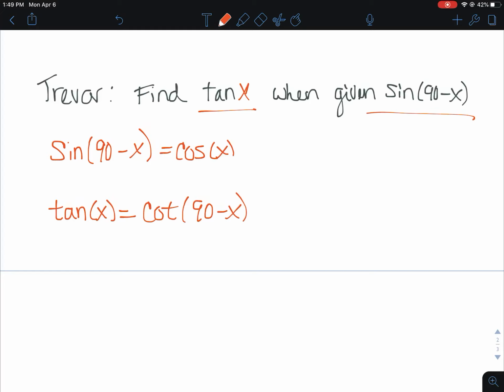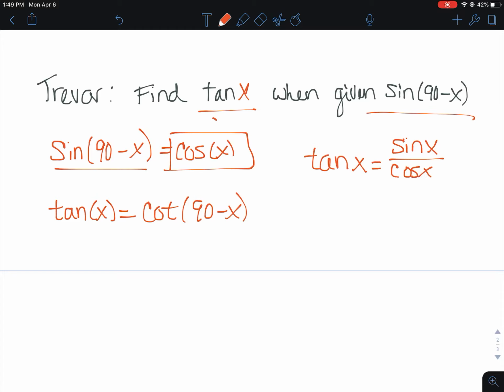So as this problem stands, we don't have enough information to actually find, if we have sine of 90 minus x, we can't just find tangent of x. But if we had both sine and cosine, we could. So I know the sine of 90 minus x gives me the cosine of x, and tangent of x is equal to the sine of x divided by the cosine of x, right?